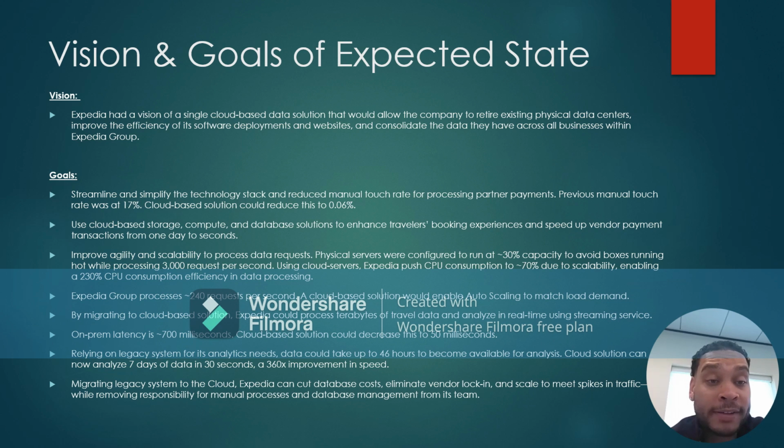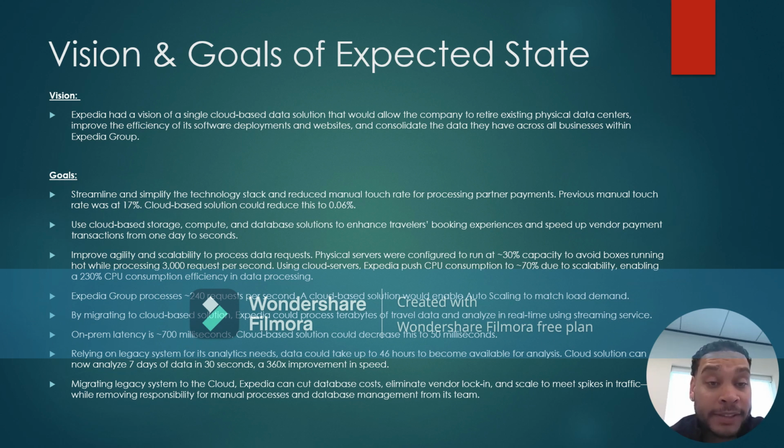Again, as Nihal pointed out, the Expedia group processes approximately 240 requests per second. A cloud-based solution would enable that. The auto scaling would enable them to match the load demand rather than being confined to whatever the physical data centers could handle.